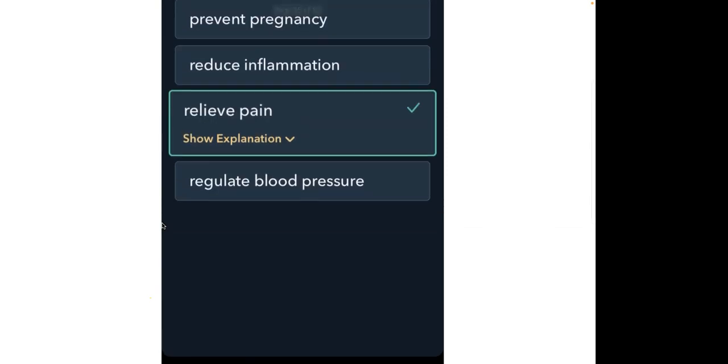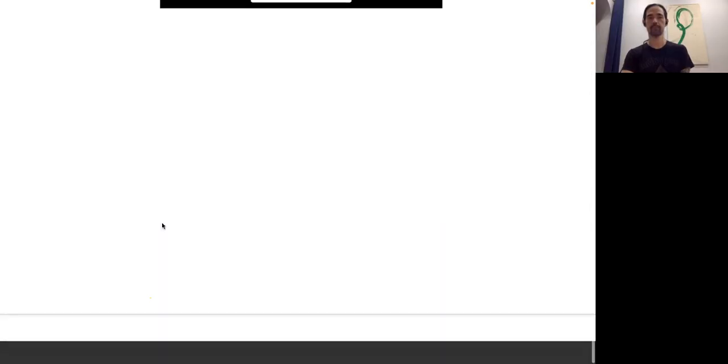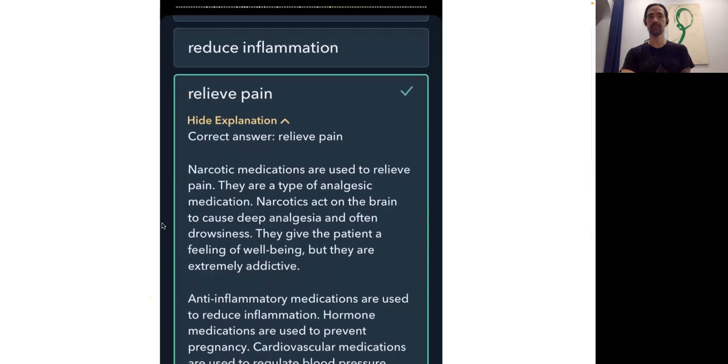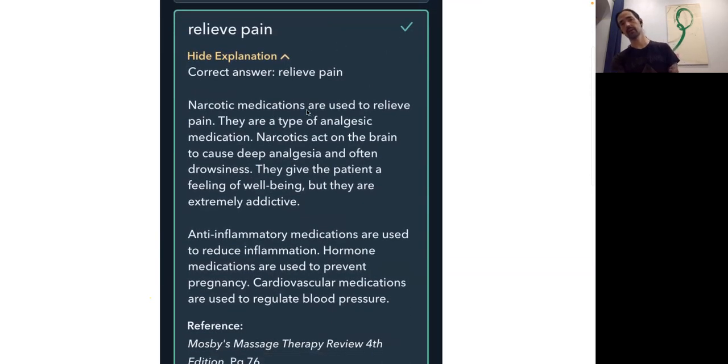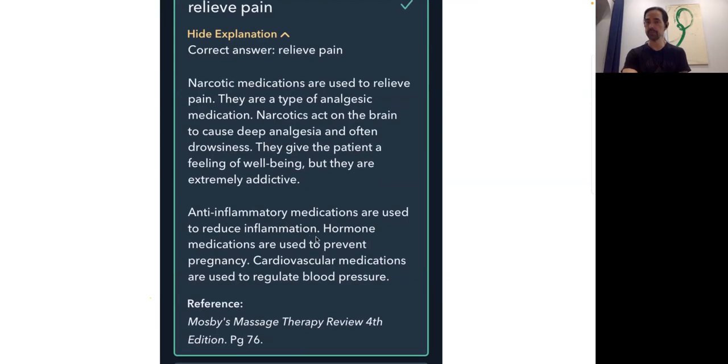Pain. Yeah, relieve pain. And just a quick touch on each category. Narcotics are used to relieve pain. They're a type of analgesic. Anti-inflammatory medications are used to reduce inflammation. Hormone medications are used to prevent pregnancy. Cardiovascular medications are used to regulate blood pressure.